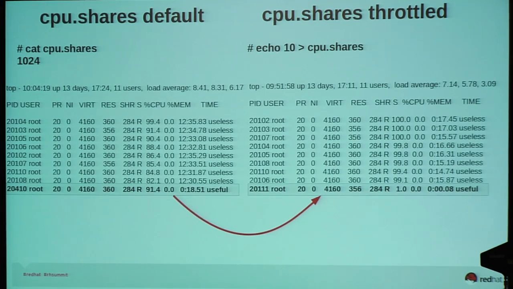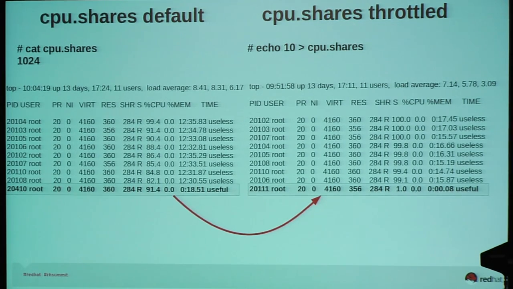I wrote two little programs. One of them is called useless and the other one is called useful. So I run enough useless programs to consume the whole system. And then in a C group, I run a useful program with the same number of shares. And as you can see with the percent of CPU, they're all right around 90% or something like that.